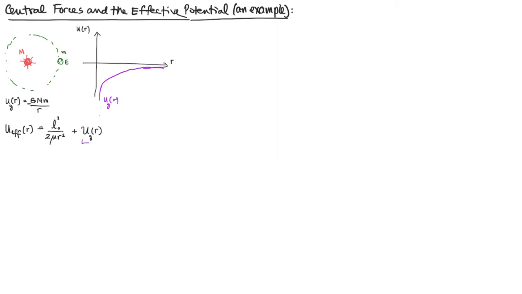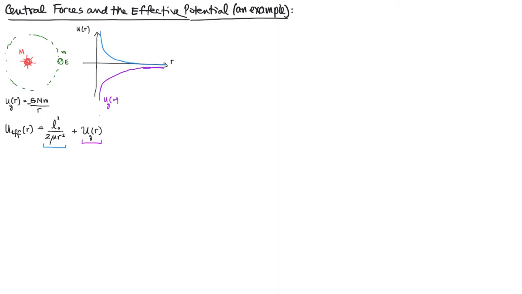So we've already drawn the gravitational potential in purple. I will draw the 1 over r squared potential in blue. And that looks like this. It asymptotes to 0 as r gets large. And when you add these two together, you get the total effective potential. Okay?